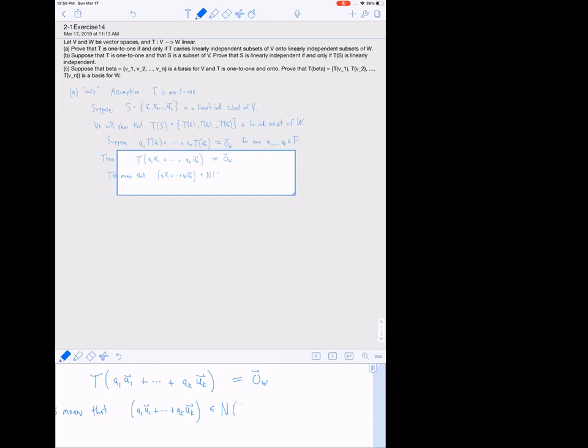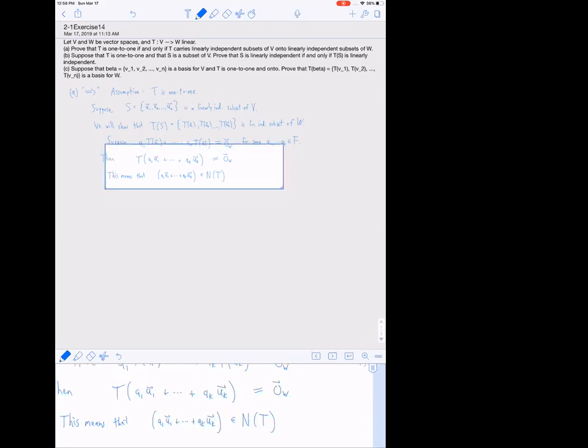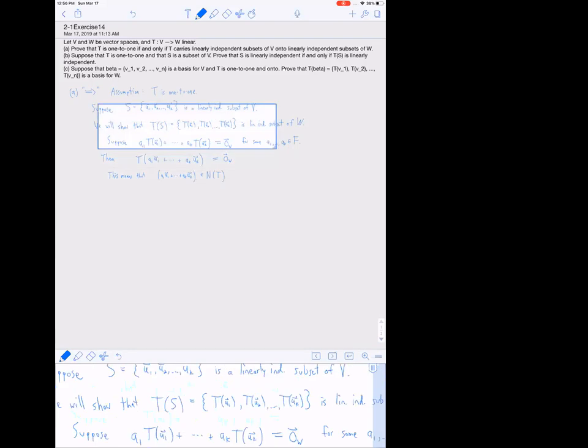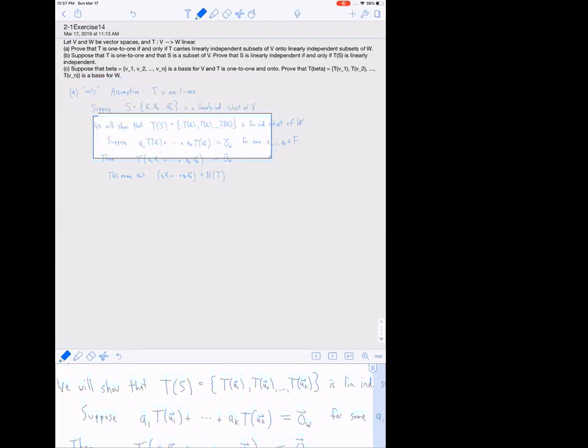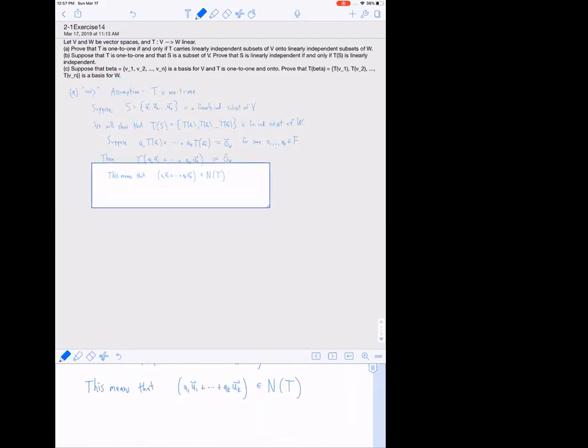Because the null space of T is exactly the set of all vectors in V that get sent to 0 when you apply T. But if T is 1 to 1, then the null space consists of only a single vector.